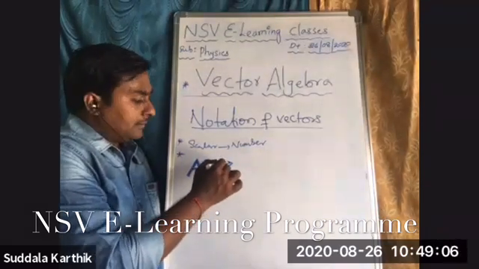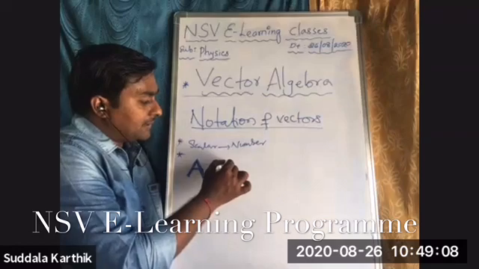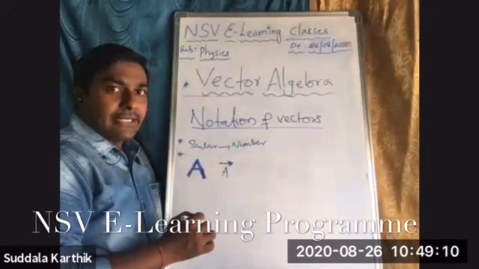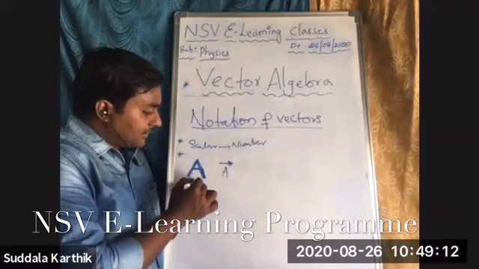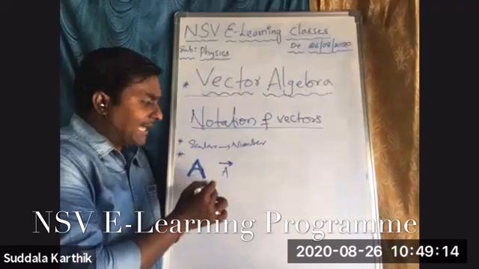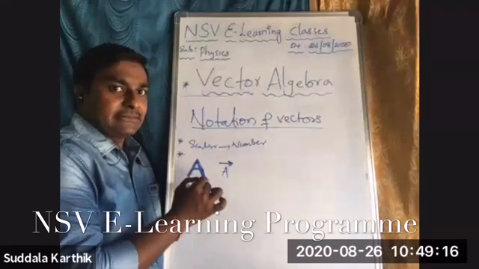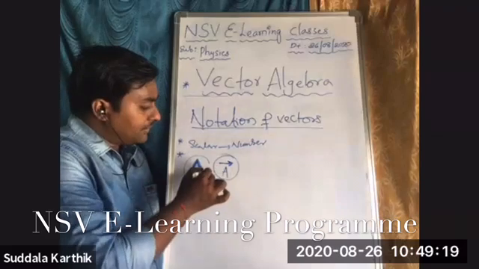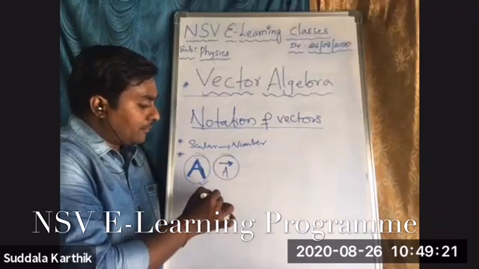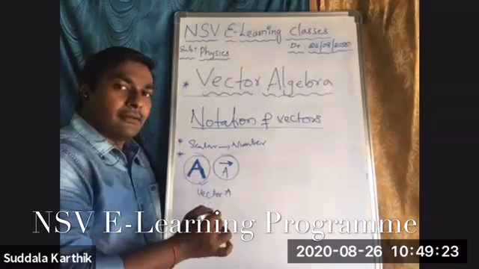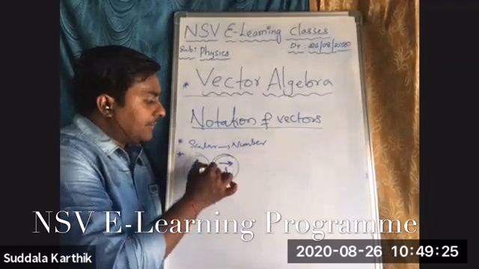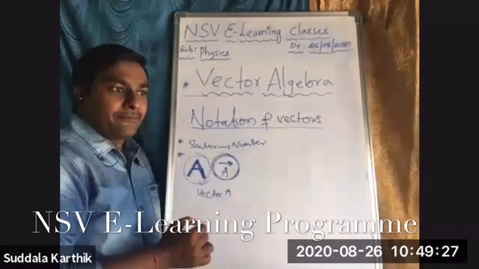Over the letter, you have to draw this arrow mark. This is also called A bar or vector A. If you get vector A in the books, you have to treat it as vector A, or directly you can read it as A bar.